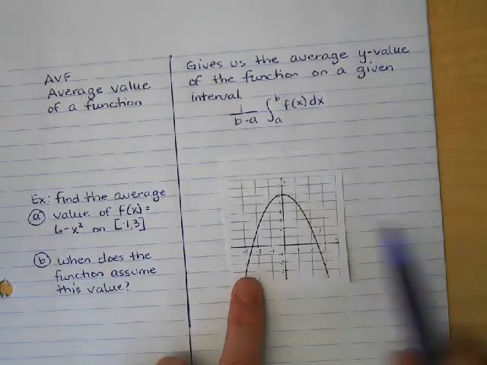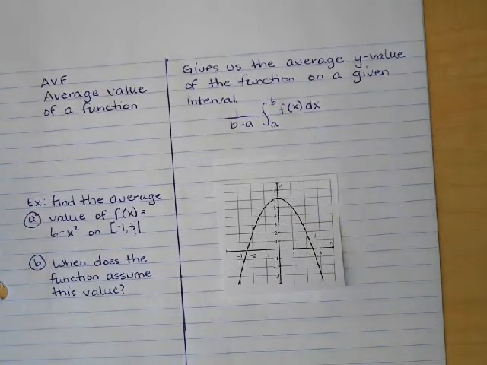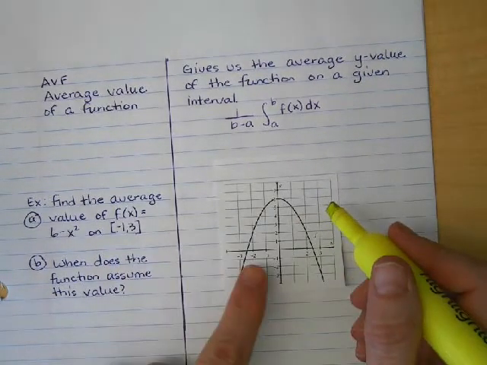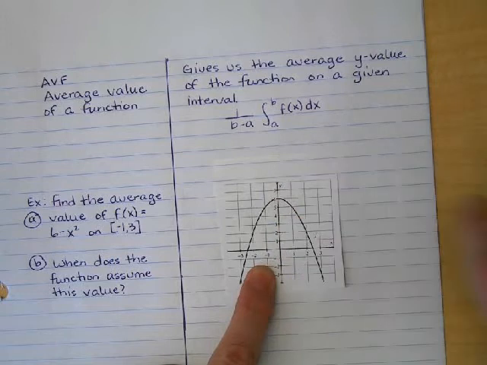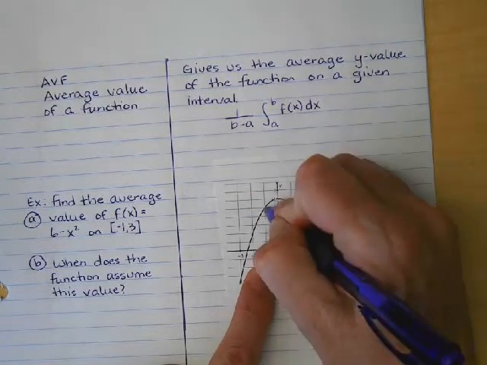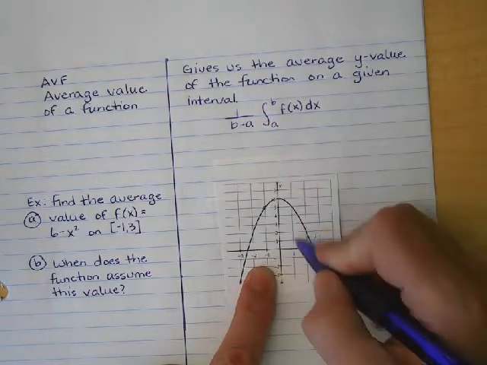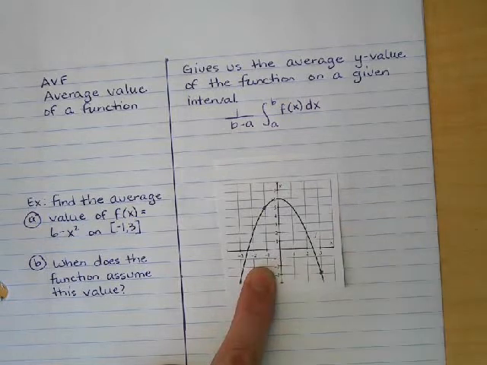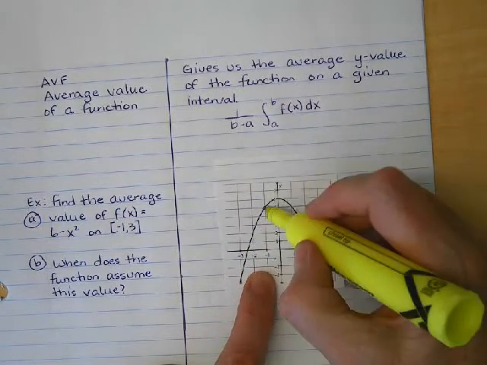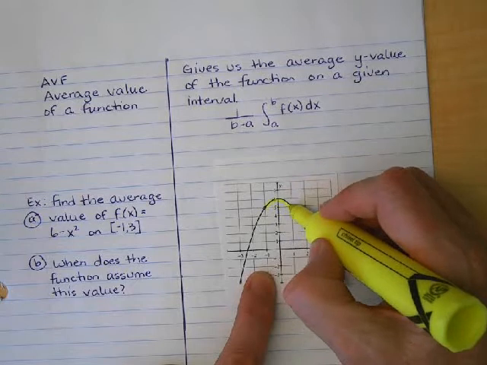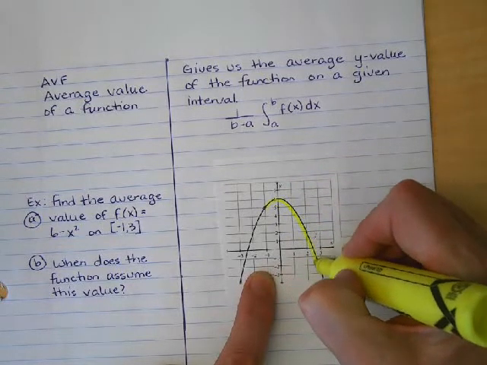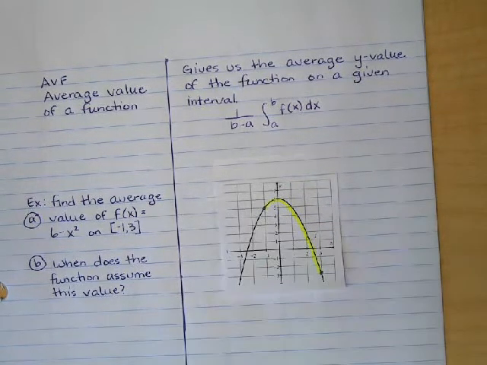Okay, so let's look at this right here, where we're going from -1 to 3. When I find the average value of a function, I want to say, of all of these y values, what's the average of all of them together?